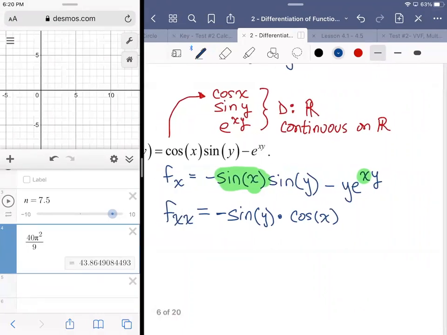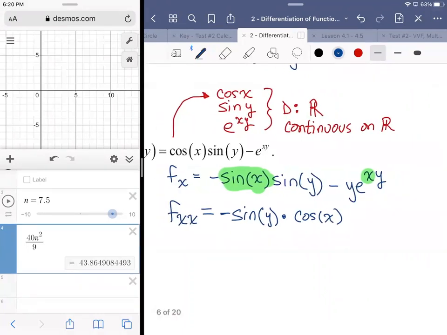Now, in this case, again, you just got to consider it, but it's the easier of the situations. y is a constant multiple, so we're hanging on to that negative y. Then we're multiplying by e to the xy. Derivative is with respect to y, so that gives us the x.